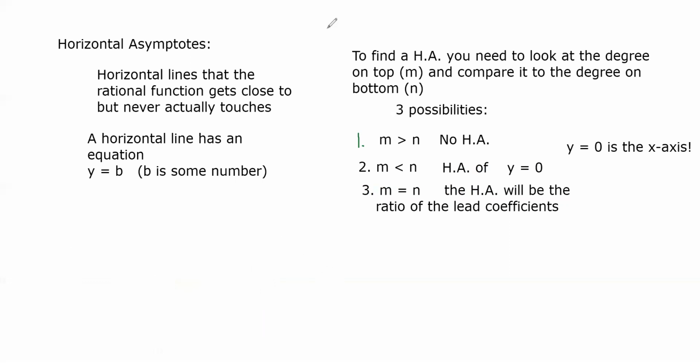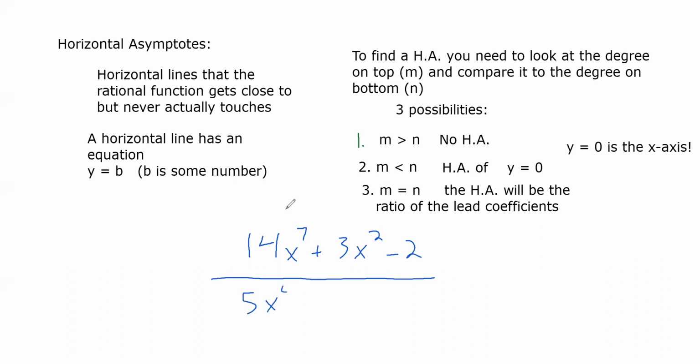Let's say you had the rational function (14x to the 7th plus 3x squared minus 2) divided by (5x to the 4th minus 9x to the 7th plus x cubed plus 4).